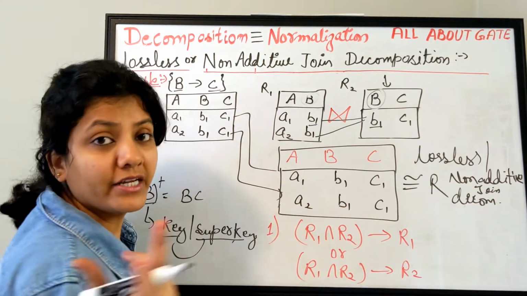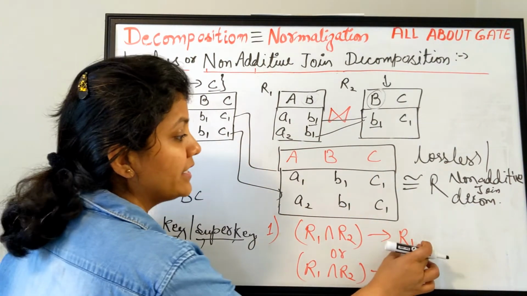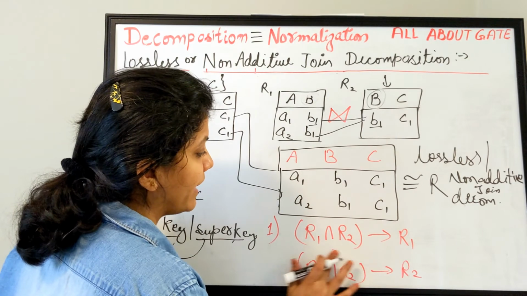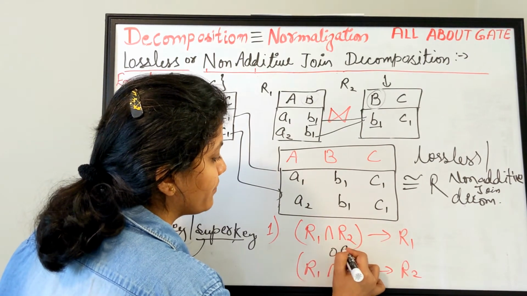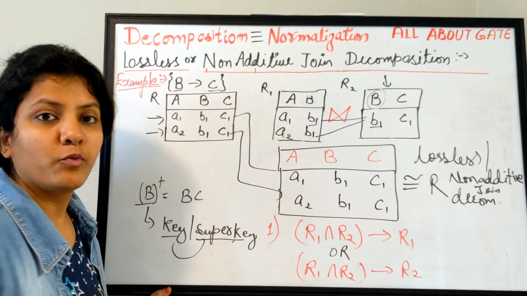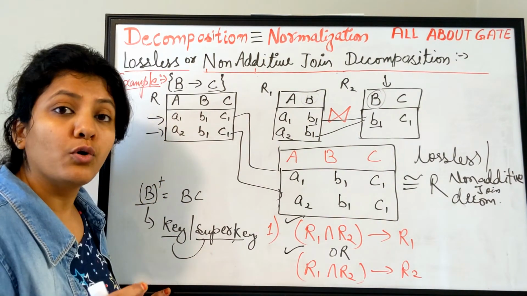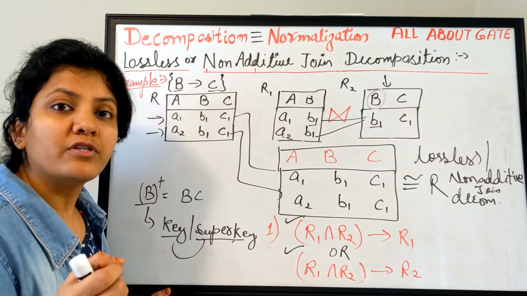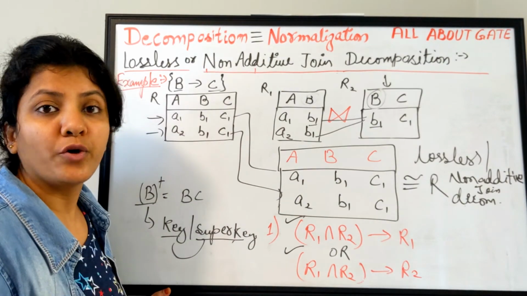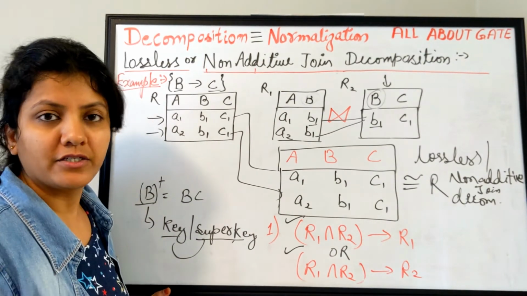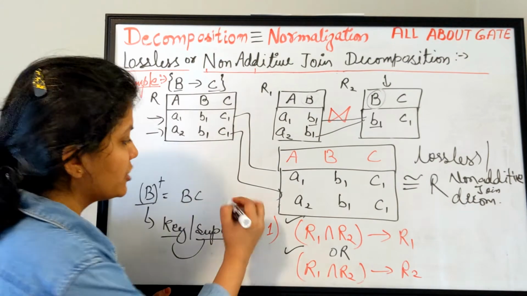So guys, mind it, this is an OR condition. It need not be true for both of them. Either this one should be true or this one should be true. If this is so, then your decomposition is a lossless join decomposition. Otherwise, it is not.